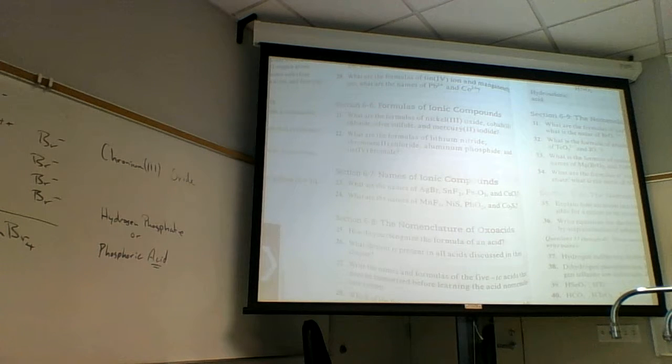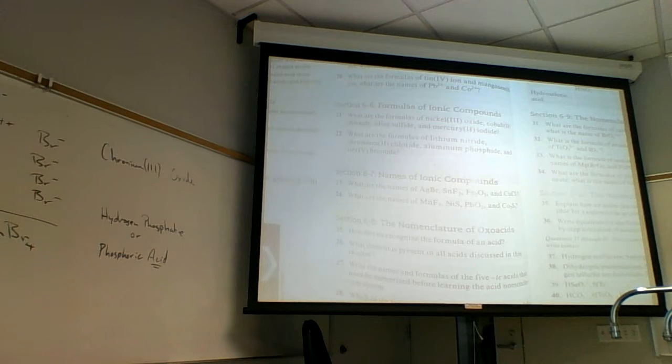But fluoride's fixed charge, so we can figure it out. How many fluorides do we have? 3. So if we have 3 fluorides, the charge on manganese has got to be +3. That's the only one that would work. So this is going to be manganese, Roman numeral 3, fluoride. Manganese 3 fluoride.